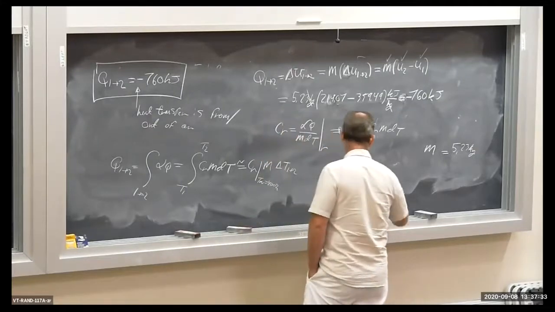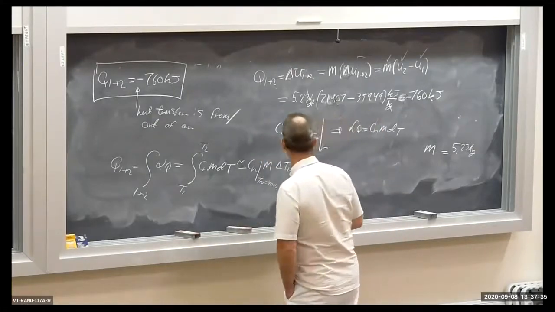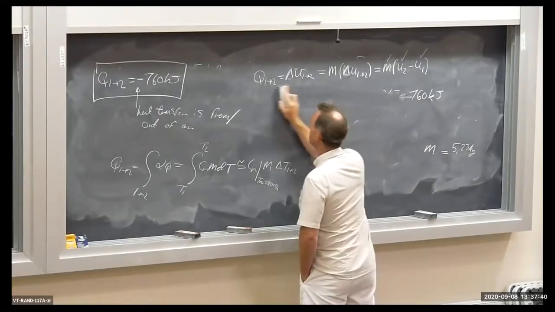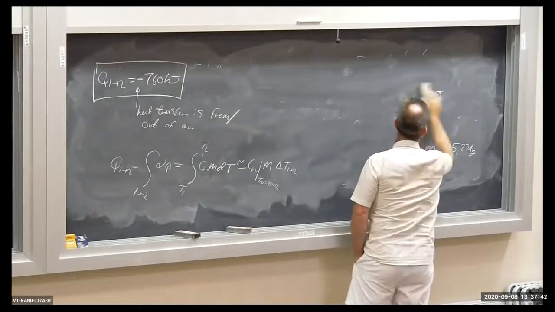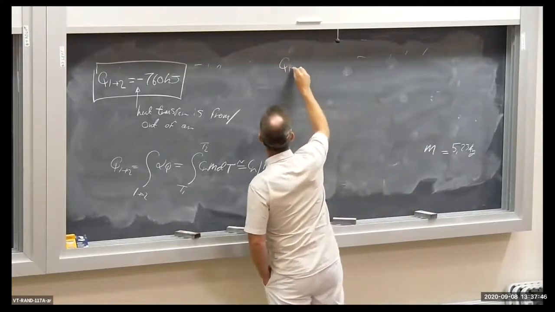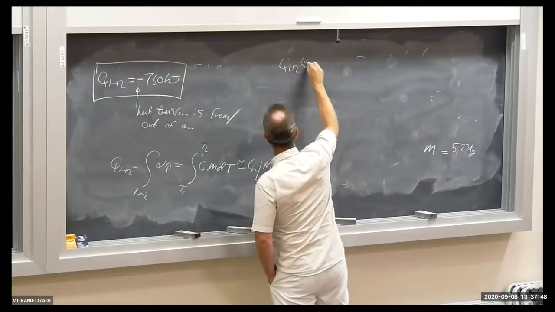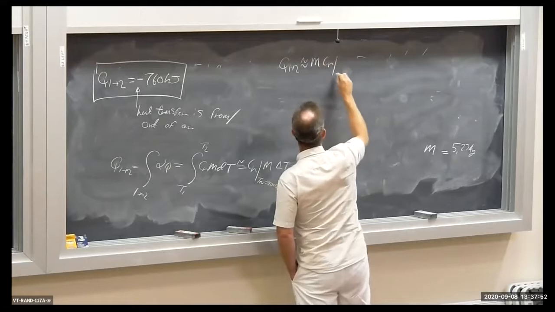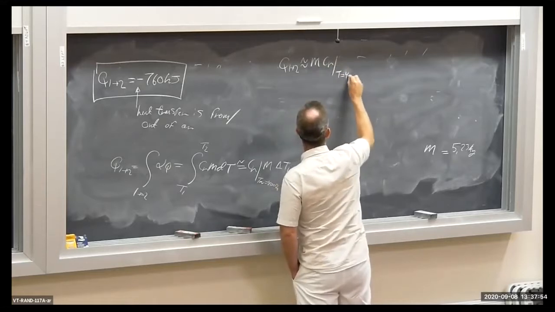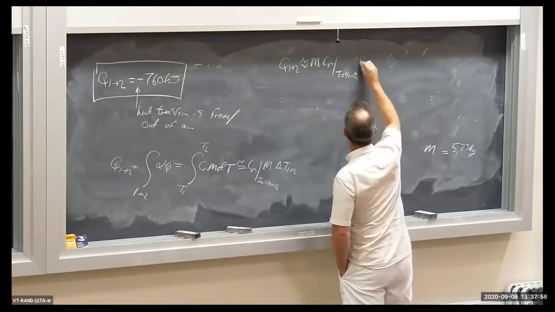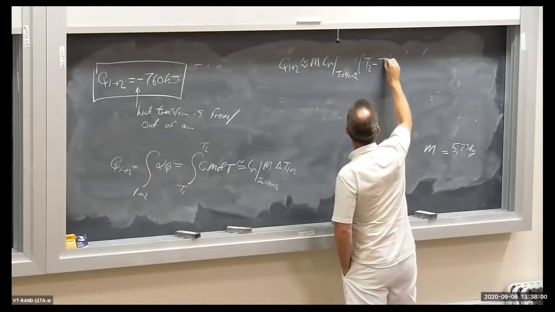Okay? So I got Q1 to 2 is approximately equal to the mass times Cv evaluated at 400 degrees Kelvin, which is my average temperature. And then I have delta T, which is T2 minus T1.